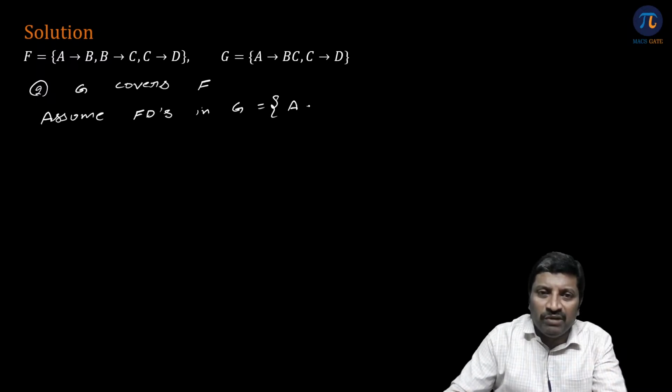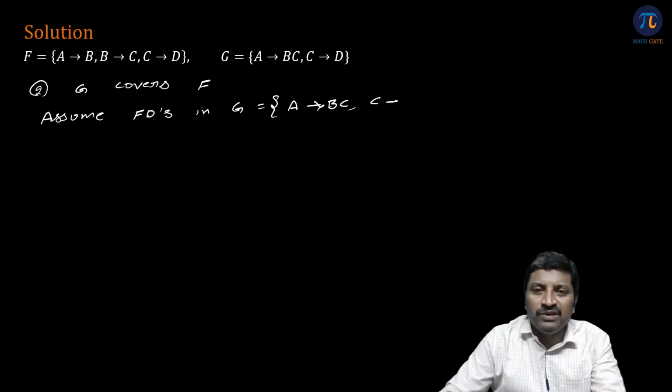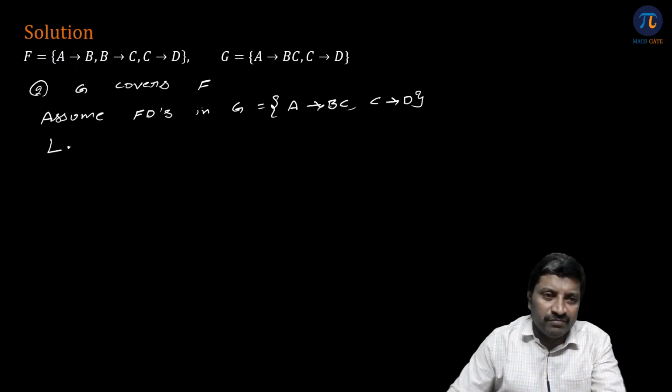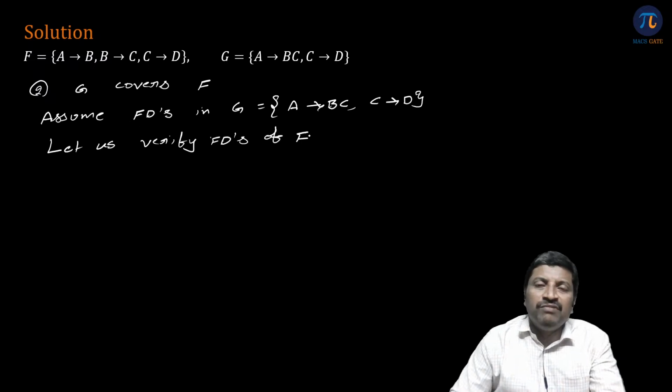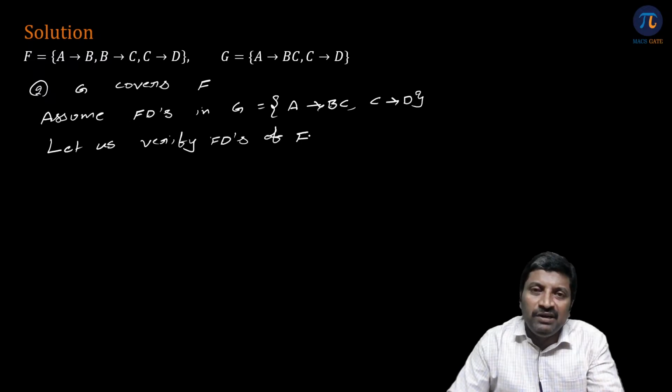We have two FDs: A implies BC, C implies D. Now let us verify the FDs of F. Verify in the sense we need to verify whether they are implied by G or not.